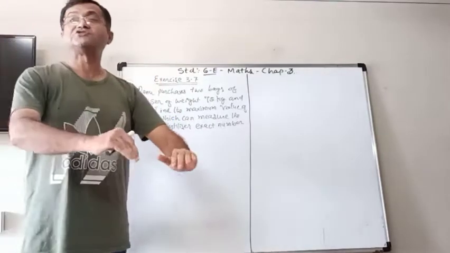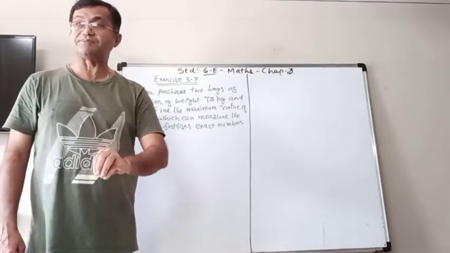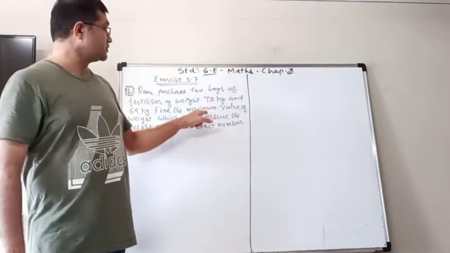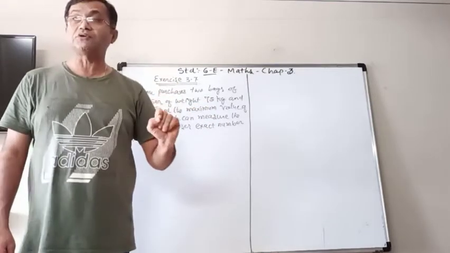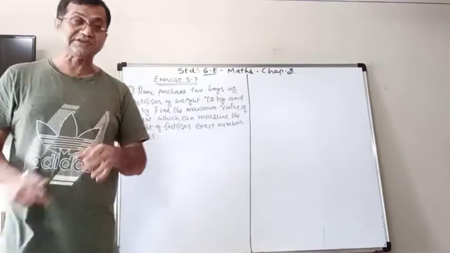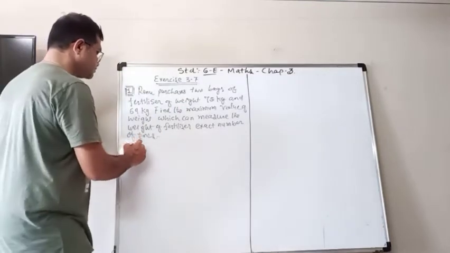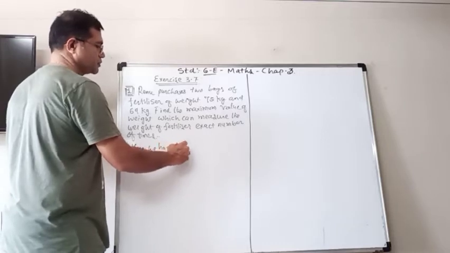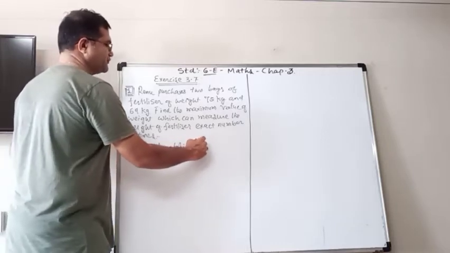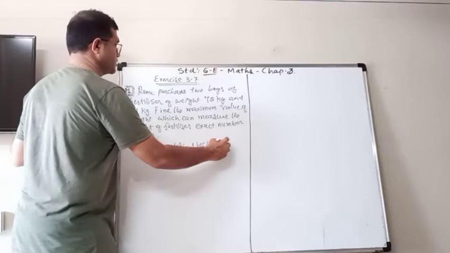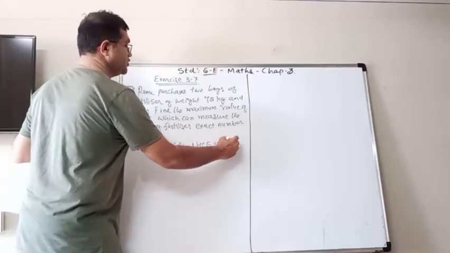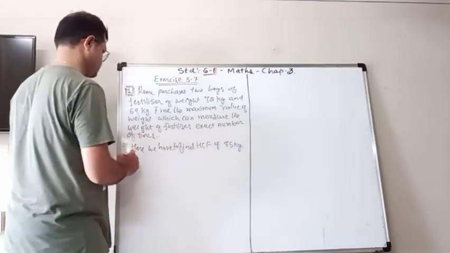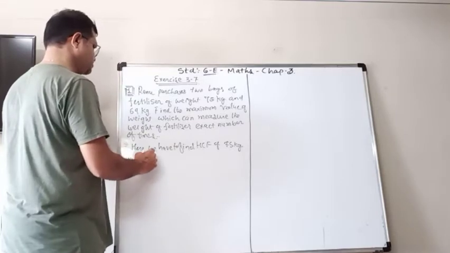It must be smaller than, it means we have to find HCF. Similarly, here we get the maximum also. Therefore, we have to find HCF of 75 kilogram and 69 kilogram.